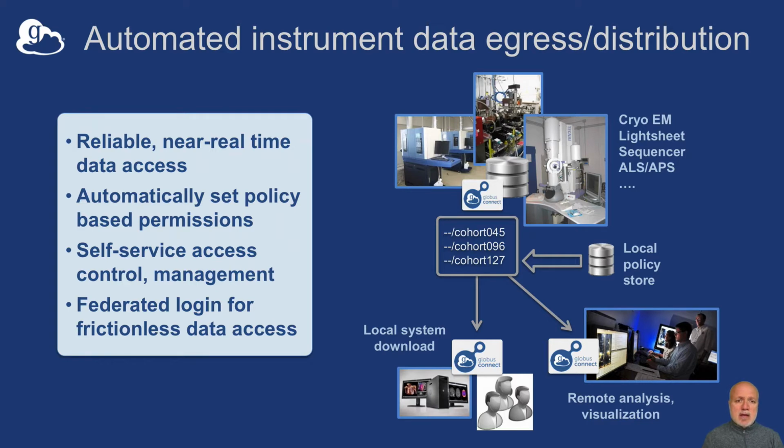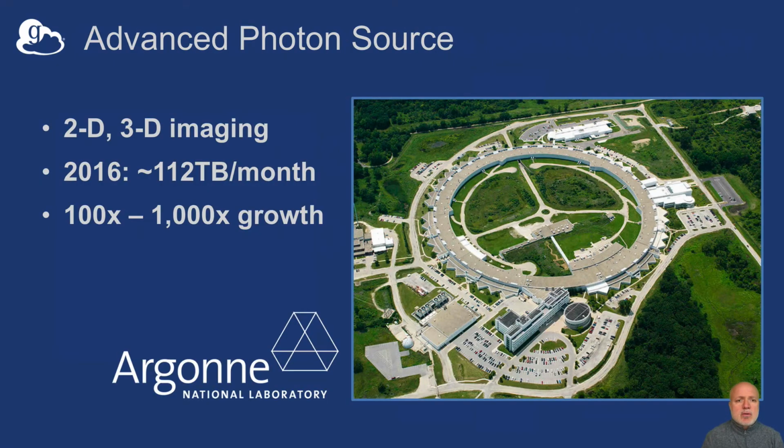And we have a way to automate all of this. And this is really critical when you start talking about instruments like the Advanced Photon Source at Argonne, which I'm going to use in a number of examples that I'll talk about later on. This is a facility with 30 plus beam lines, I think it is now, and the challenge is when one of these beam lines is operating, it can easily generate over 100 terabytes a month.